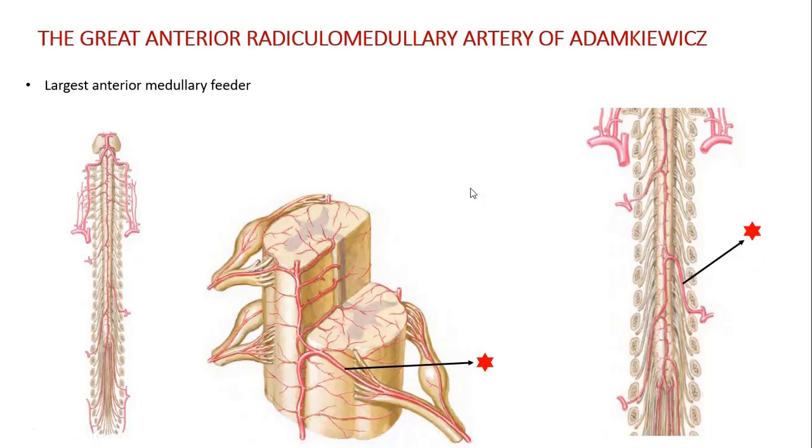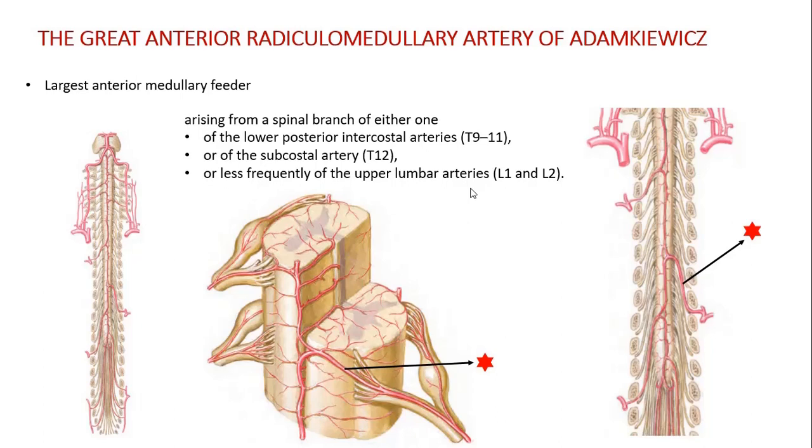So the origin varies, and it arises from a spinal branch of either one of the lower posterior intercostal arteries T9 to 11, or of the subcostal artery T12, or less frequently of the upper lumbar arteries L1 and L2.